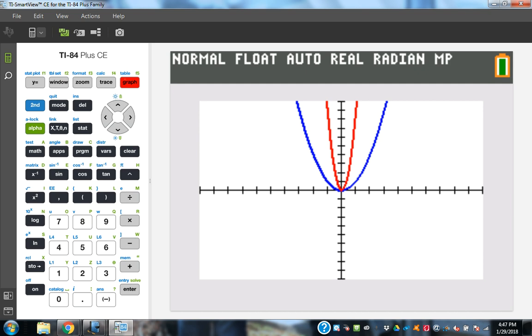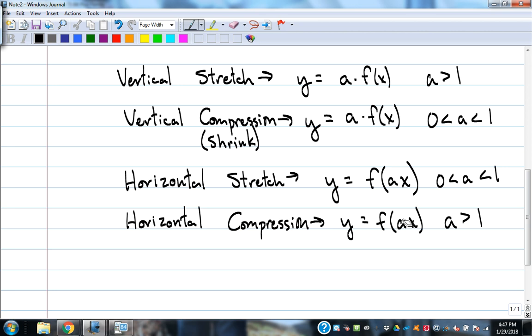So a horizontal compression by a factor of 3 is the same as a vertical stretch by a factor of 9 on the x squared function. But they look identical on the graph. The equation looks much different though. So big number on the inside, we're looking at horizontal compression. Small number on the inside, we're looking at horizontal stretch. It's the opposite on the vertical. If it's on the outside, big numbers are stretch, small numbers are compression.